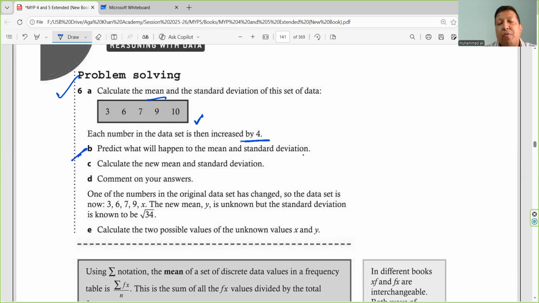Students will predict these things. What will happen? Does the mean increase or stay the same? Does the standard deviation increase or stay the same? The students will think about these things. Now I want to show you the next part: calculate the new mean and standard deviation after increasing by 4. Now see how we can do this.